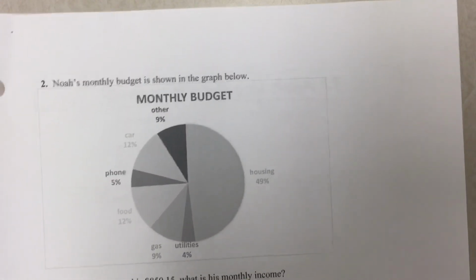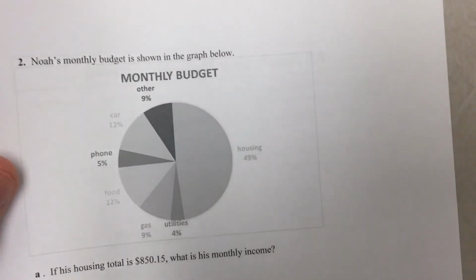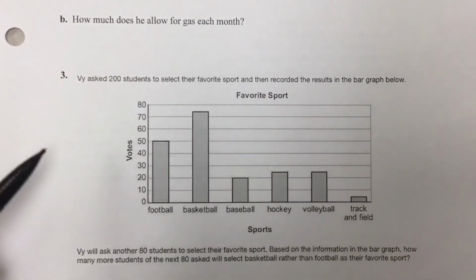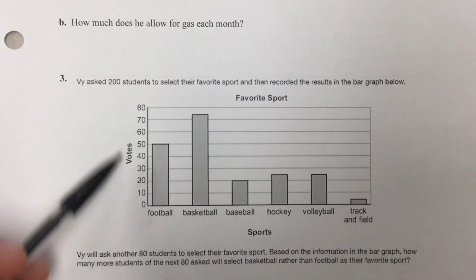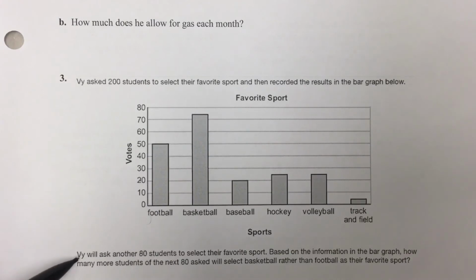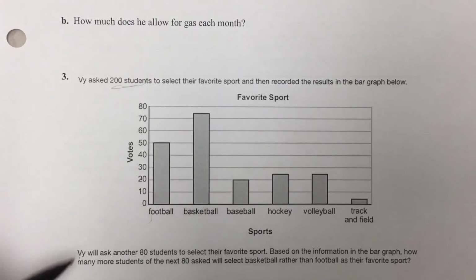For number 2, you have a bar chart or pie chart, and you are going to be using proportions, just like our problem in our example, to answer these questions. And then number 3, you have a bar chart here, and it says there are 200 people that are selected.